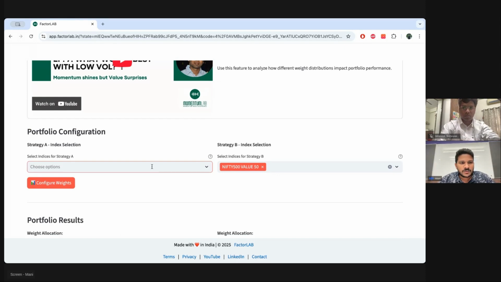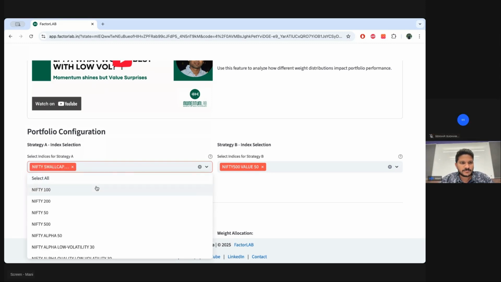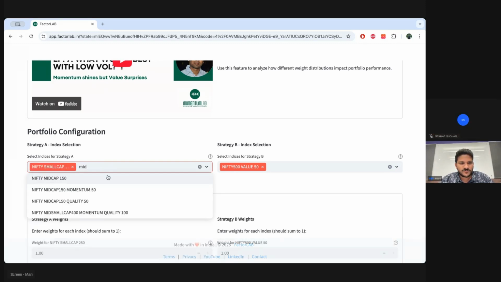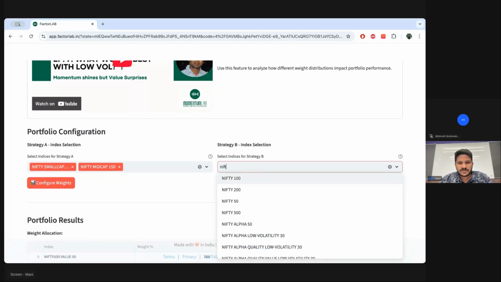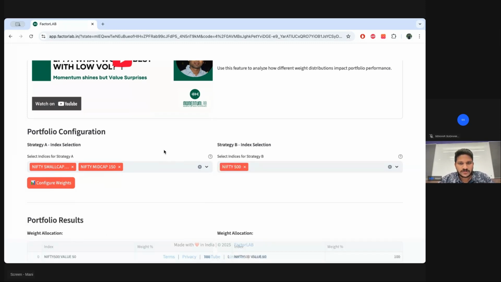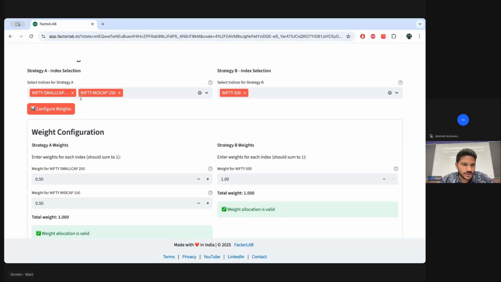Now, let me add a bunch of indices. Let's say I add small cap 250, mid cap 150, and compare that with, let's say, 500. Okay, so here I added more than one index, and here I'm just keeping one index. The minute you do that, if you add 2 indices, this will break into 2 weights, right?